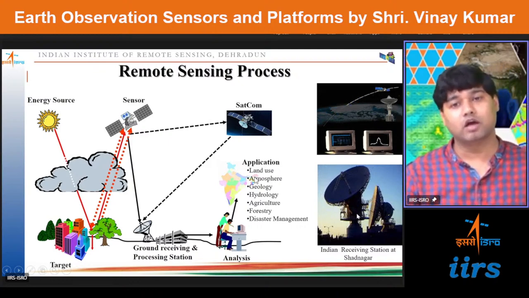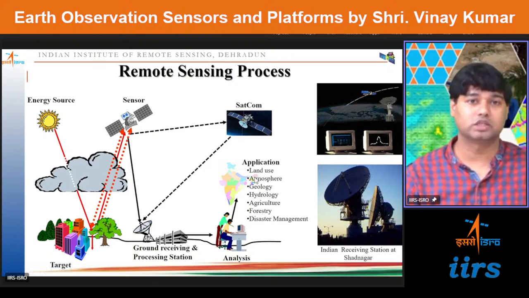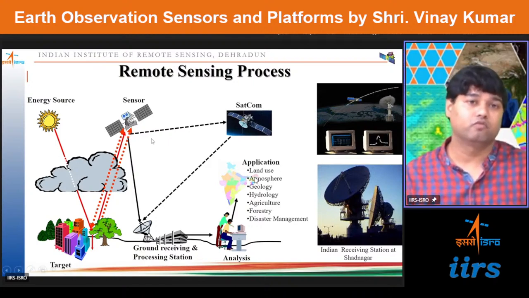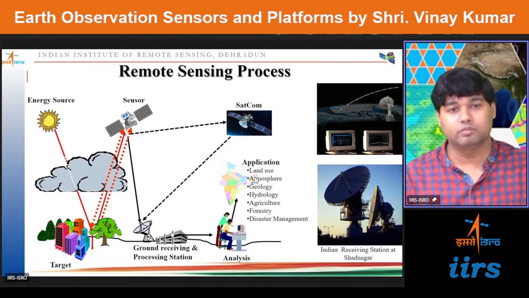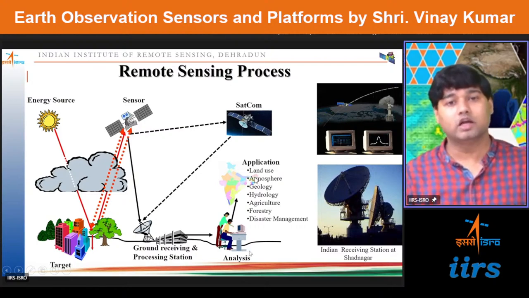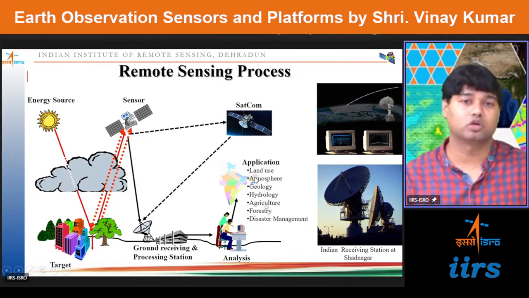In India, we have ground receiving antennas at Shadnagar, Hyderabad, National Remote Sensing Centre, Hyderabad. Sometimes, when the satellite is not in range of the ground receiving antenna and we require data on an urgent basis, it transmits the data to a common communication satellite, and from that communication satellite, the data is transmitted to the ground receiver. The data we receive can be used for various applications like land use, atmosphere, geology, hydrology, agriculture, forestry, disaster management, and so on.